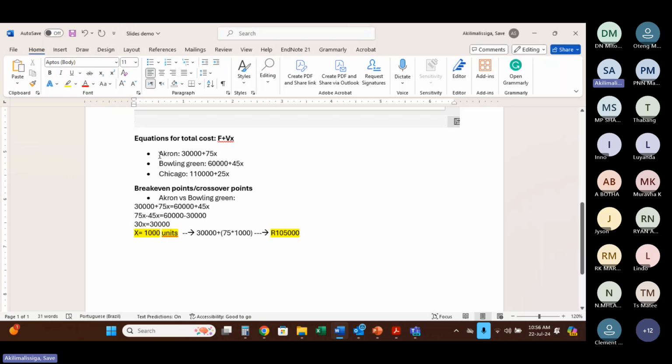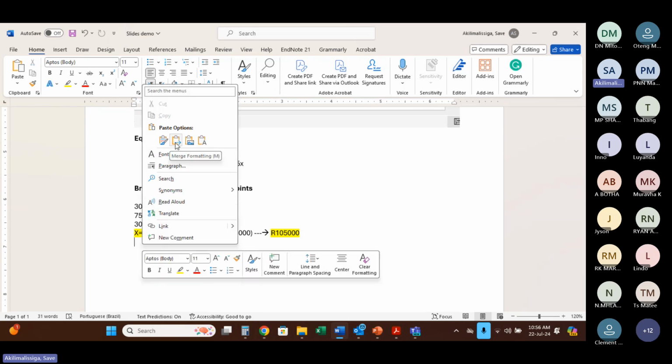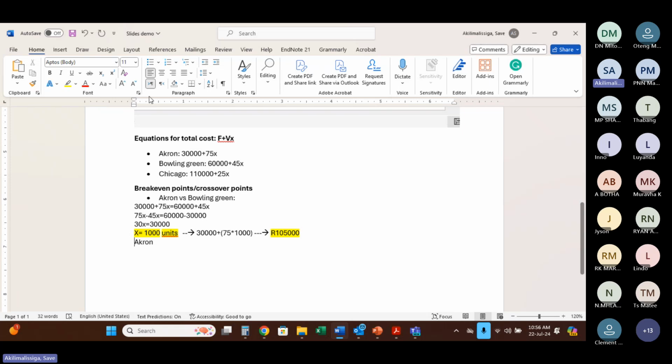The next one is going to be Akron and Chicago. In other words, you are just finding the possible combinations here. So here, it's Akron. This is Chicago, because you have already dealt with Bowling Green, right?